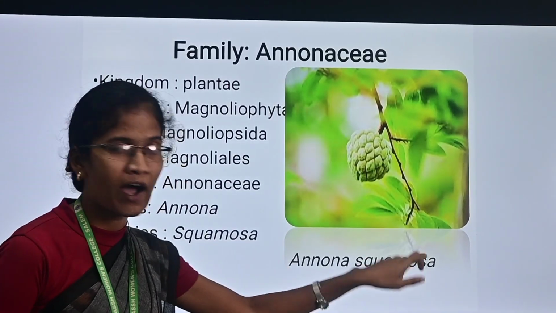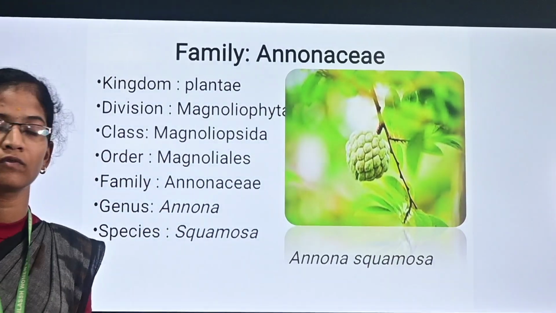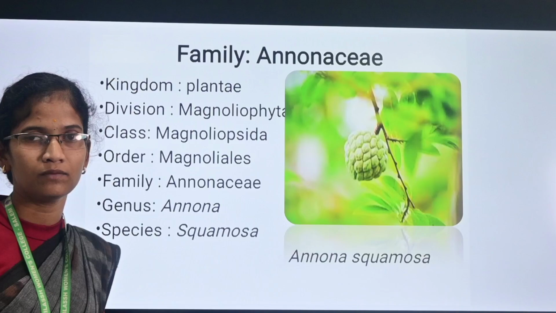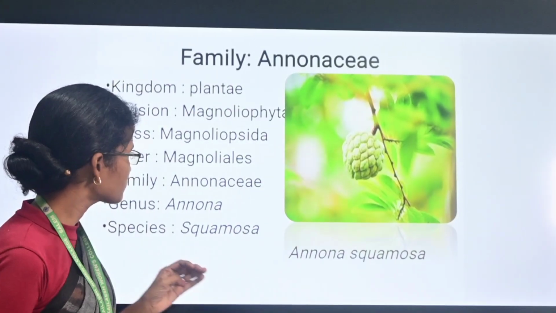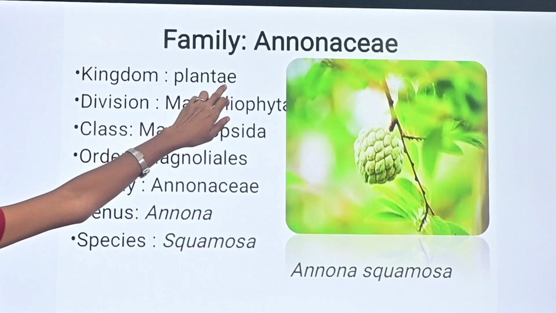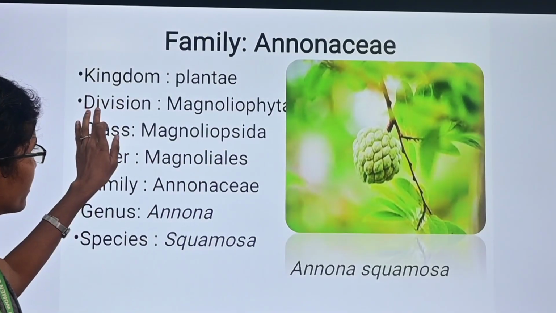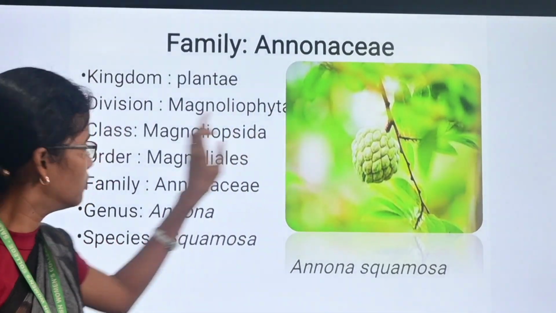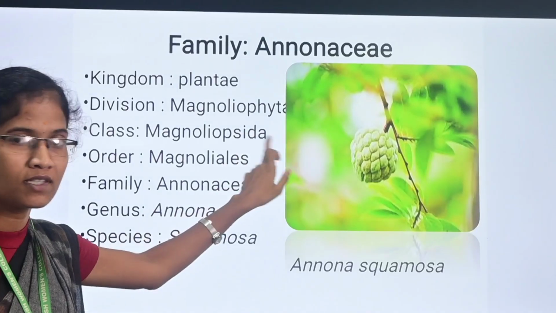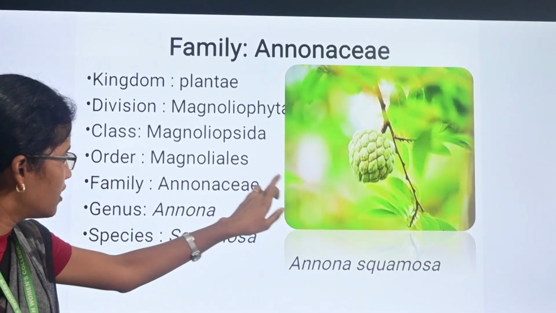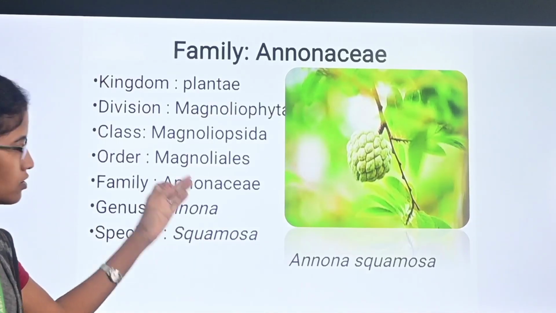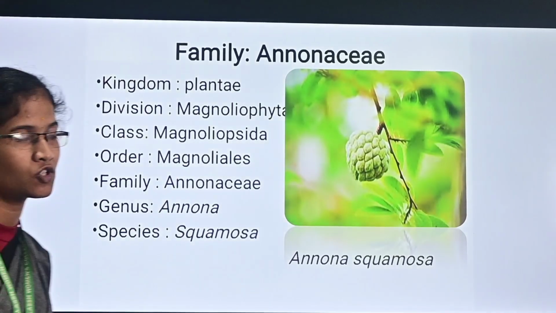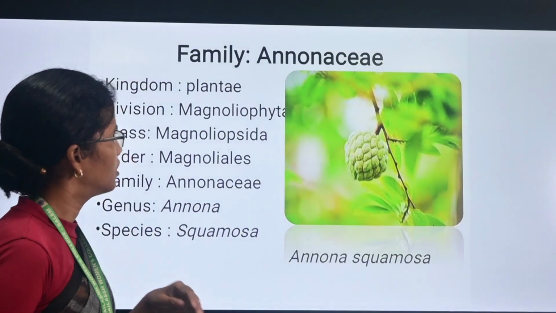So Annona squamosa is the scientific name of sugar apple, which you can see, and it is a sweet apple. Kingdom ends with -ae, division ends with -phyta, class ends with -opsida, order ends with -ales, family ends with -aceae, and genus as usual, based on the name. Next slide.